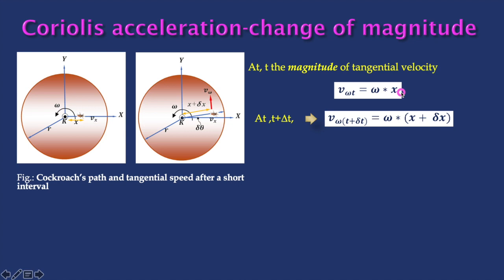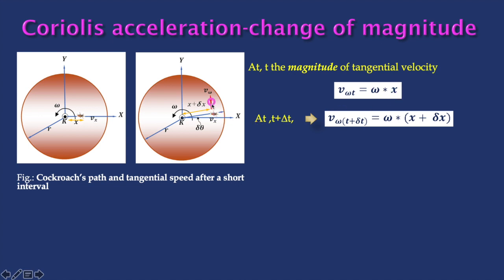Omega into x, that is, radius into omega. We know that for any circular disk, when it is rotating, at a particular point there is a tangential velocity. So at a time instant t, V omega t equals omega into x.